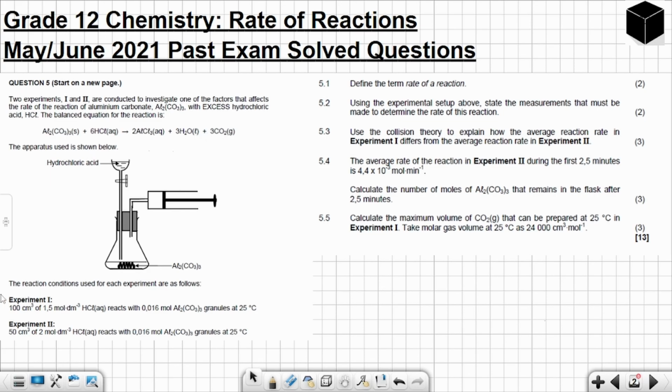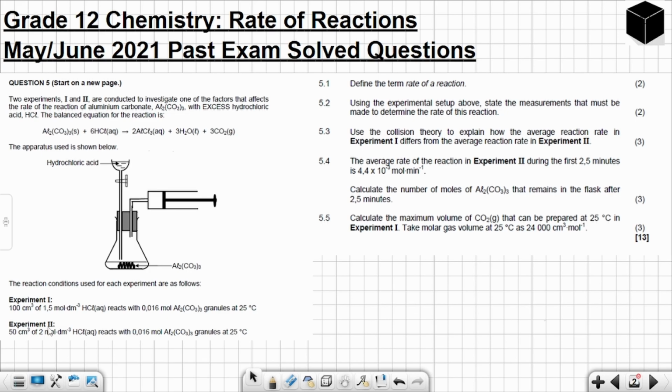Okay, now let's continue. The reaction conditions used for each experiment are as follows. Experiment number 1: you are given 100 cubic centimeter of 1.5 mole per cubic decimeter hydrochloric acid reacting with 0.016 mole of aluminum carbonate granules at 25 degrees Celsius.